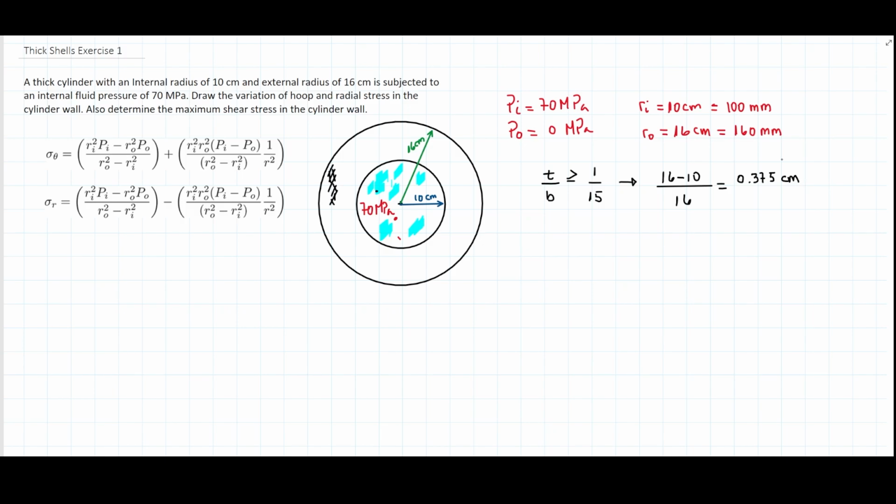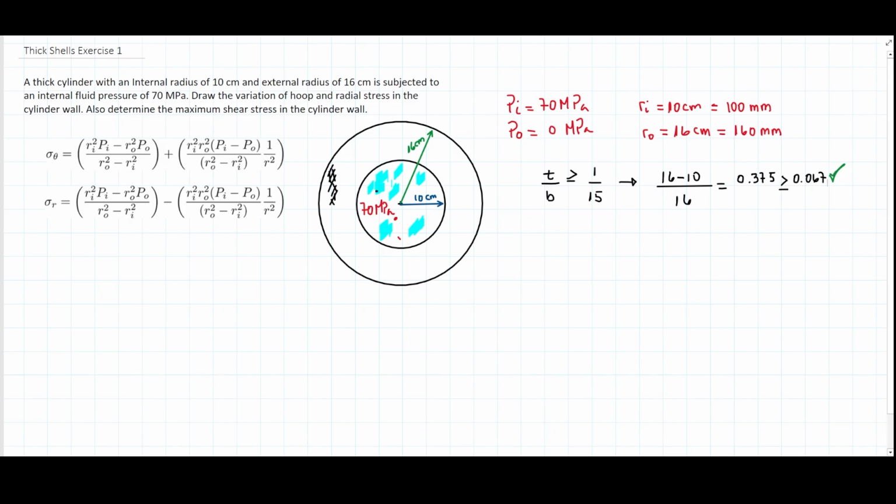This is non-dimensional because it's centimeters at the top and centimeters at the bottom. And that's obviously larger than 1 divided by 15, because 1 divided by 15 is 0.067. So we got a green light to use all the theory we have been talking about in thick walls.